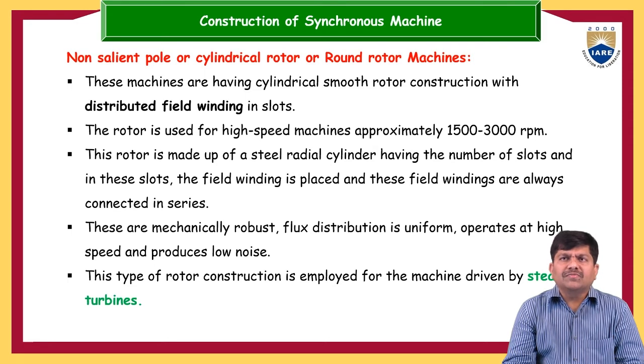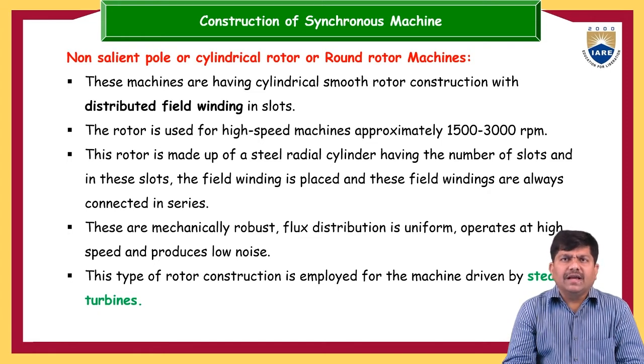This rotor is made up of steel radial cylinders having a number of slots. It is a smooth surface. The outer periphery is divided into a number of slots and wedges, and in those slots we place the field conductors. This is mechanically robust and the flux distribution is uniform.